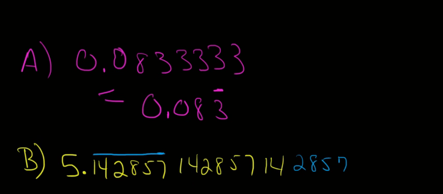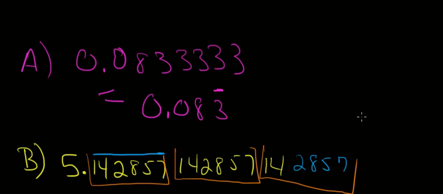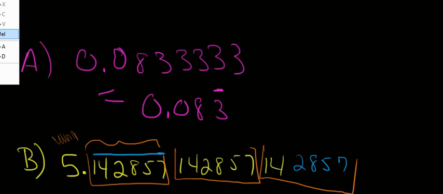Because this number right here is the same as this number right here is the same as this number right here. So we're saying that this whole block of numbers right here is repeating. And so this is the repeat end. This is the repeating bar. Notice nothing is going over to the left of the decimal, right? Nothing goes over that. Are we okay with that? Okay, I'm going to clear that out.